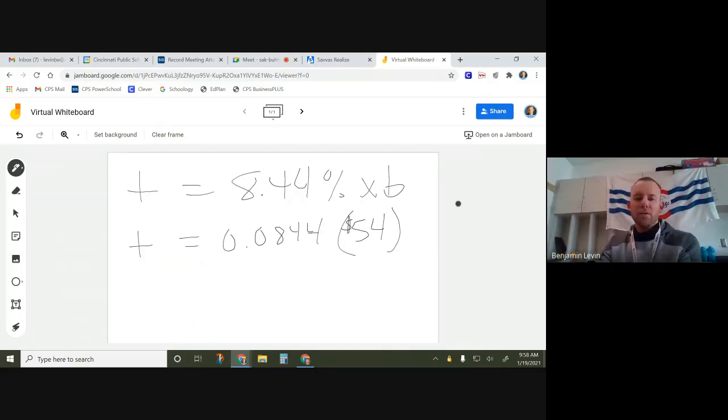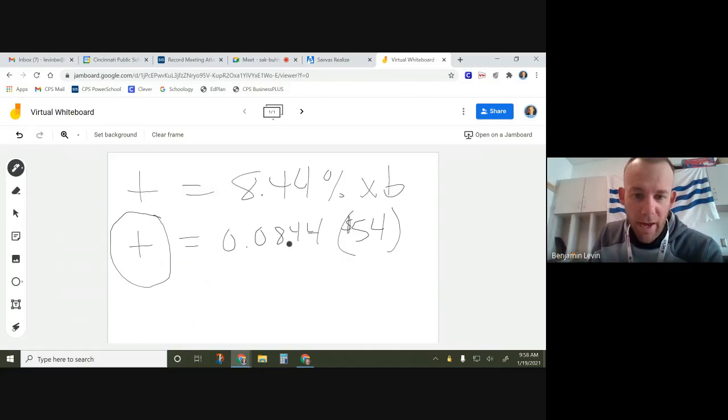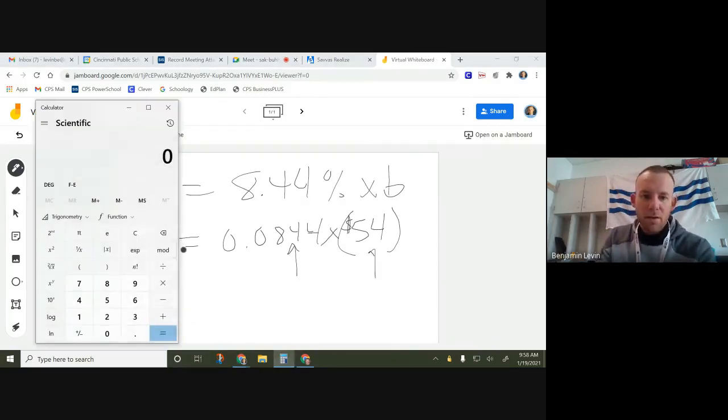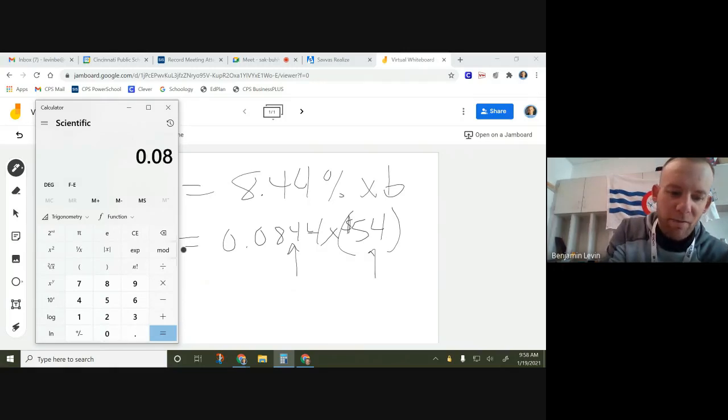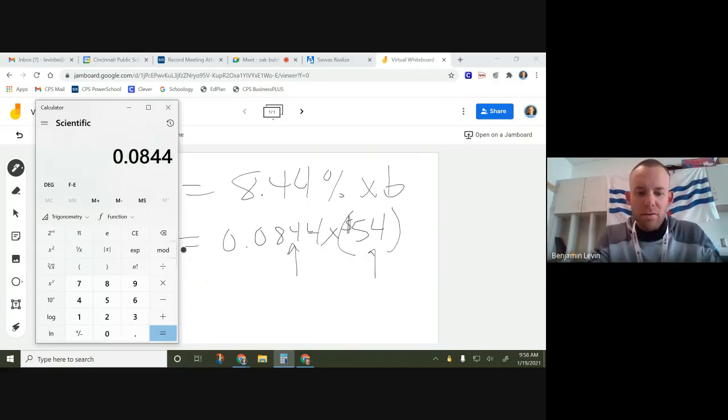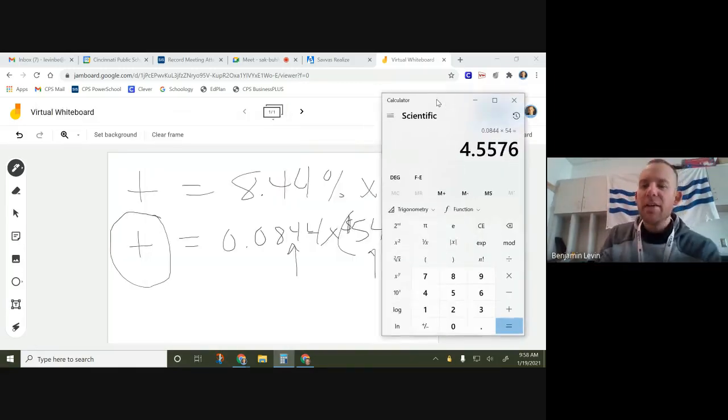So all we need to do now is do this math. 0.0844 of 54. It's asking us, what is 8.44% of 54? And we know that of means times, right? So let's do that. 0.0844 of $54. The tax is $455.76.